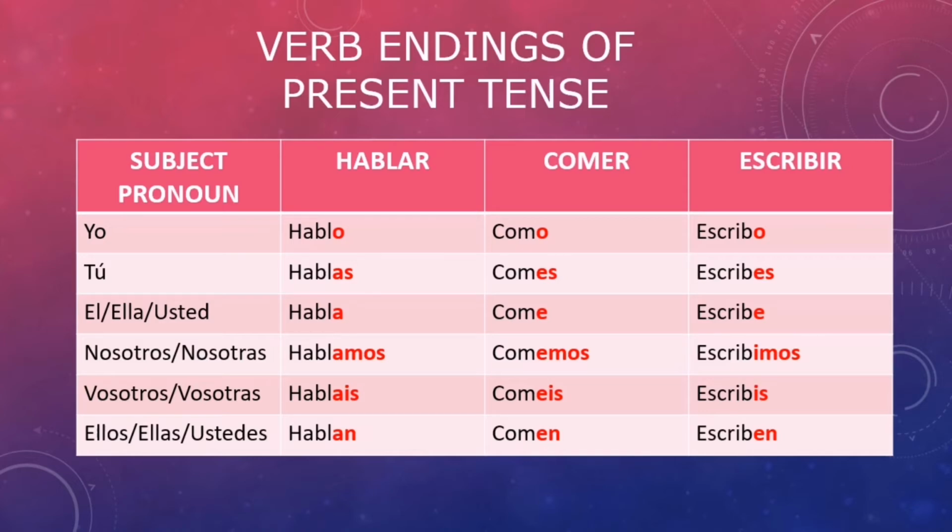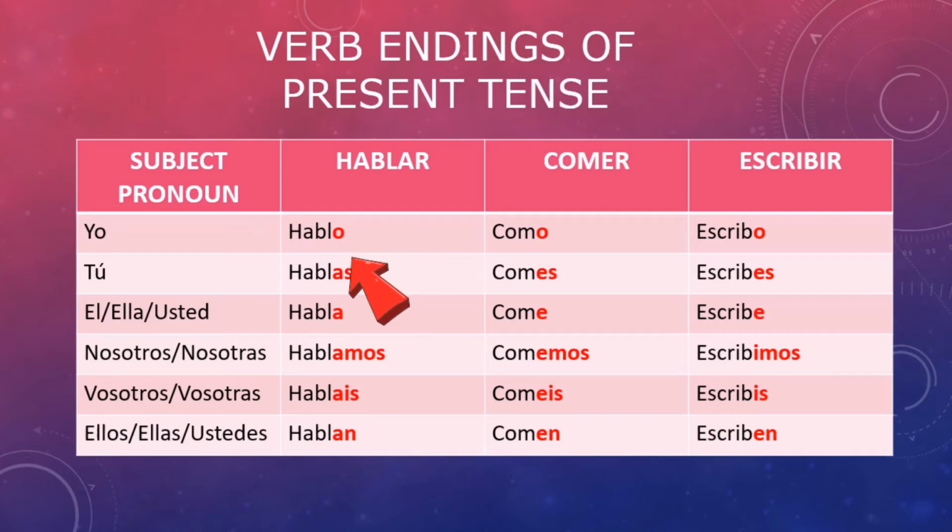So you're going to replace the AR with o, as, a, amos, áis, an, depending on the subject pronoun that you are going to use. You cannot say "yo hablas." No, that is wrong. Because when you use yo, you should replace the AR with o: hablo.